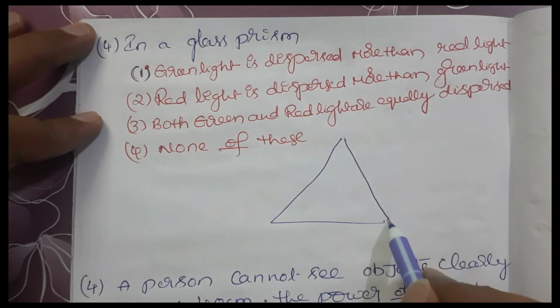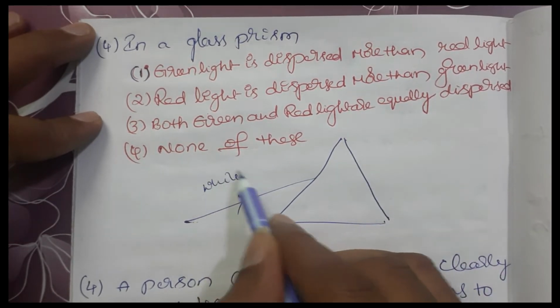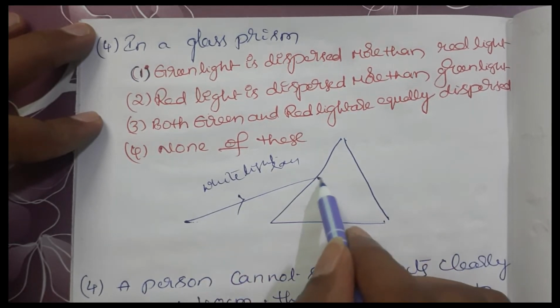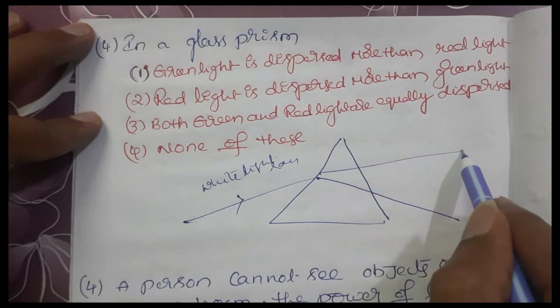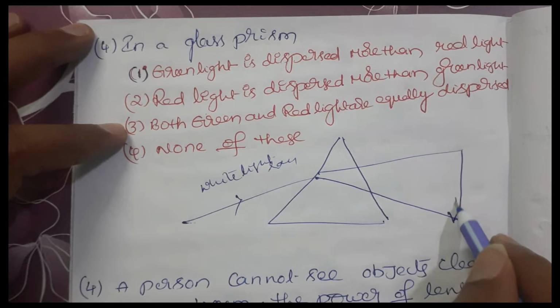It is a glass prism, and this is the incident white light ray. So when it disperses, it goes through this. So you can see it is violet.